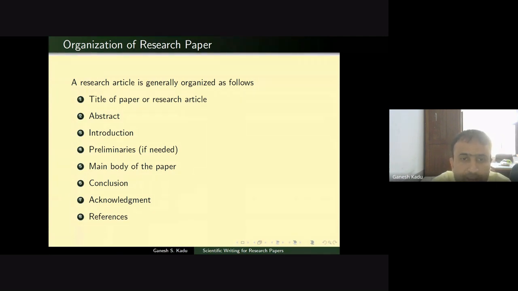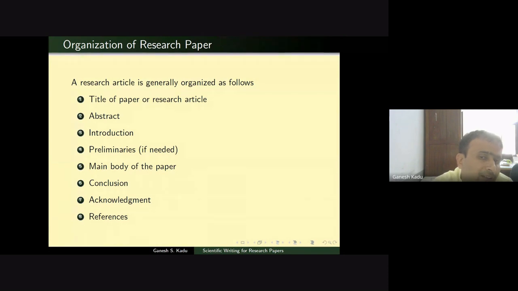And then the introduction. In the introduction, you have more liberty in the sense that you can put things in perspective, talk about the history of the problem, do some literature survey, quote some important developments, and then say a few words about your research, and say something about conclusions too in the introduction section.